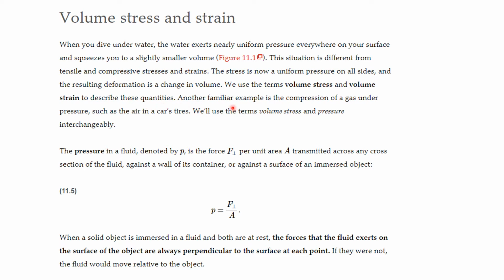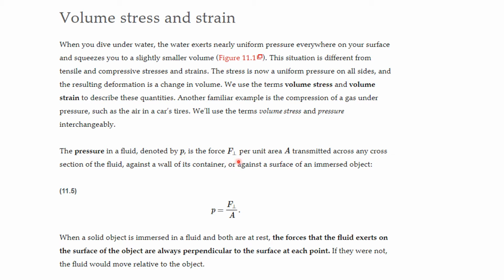Another familiar example is the compression of a gas under pressure, such as the air in a car's tires. We use the terms volume stress and pressure interchangeably. As you recall, the pressure in a fluid, denoted by lowercase p often, to distinguish it from power, which often is capital P, is the force perpendicular.